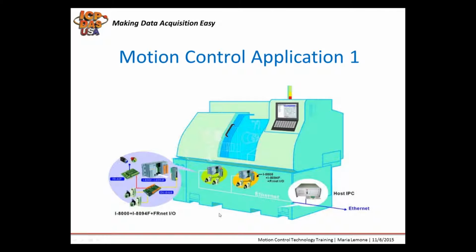So our motion control applications are used in CNC machines, also many different kinds of machinery applications, robotics, and factory automation. In this application here, you can see there's an HMI, and operators can operate the machine. It's a PC running inside of this machine, and different operations can be performed by the machine, like bending tubes.